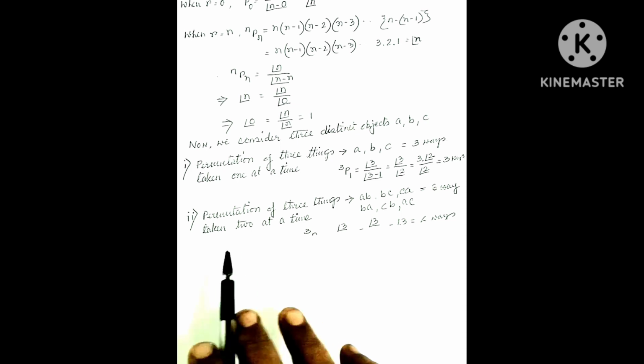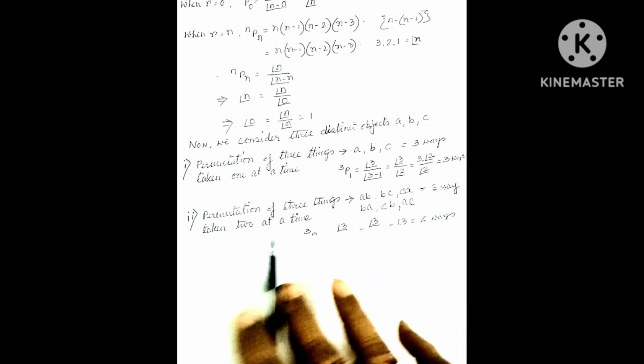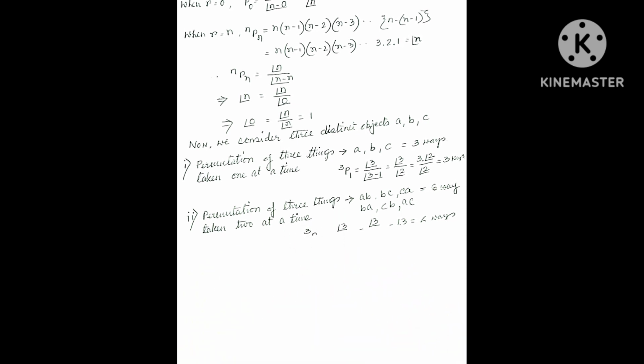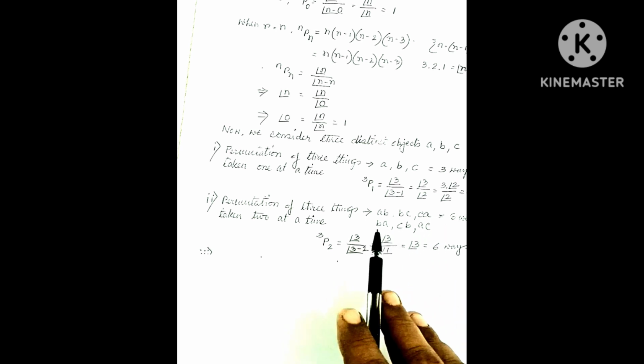Now the second finding is the permutation of three things taken two at a time. The arrangements are AB, BC, CA, BA, CB, AC. That is 6 ways.